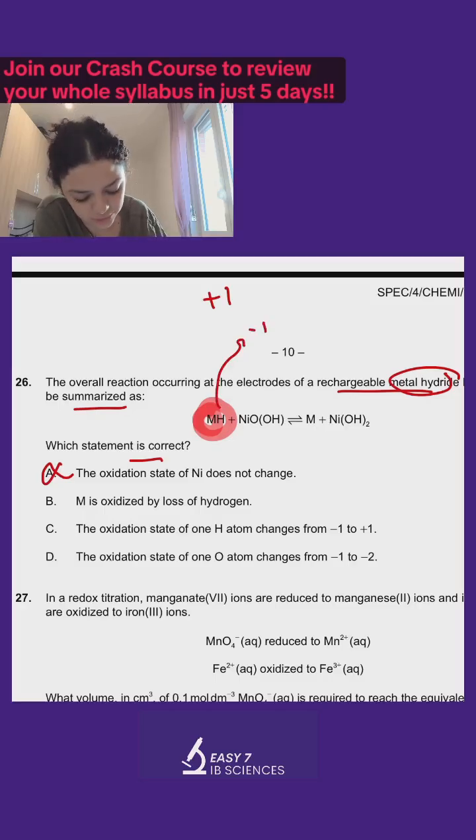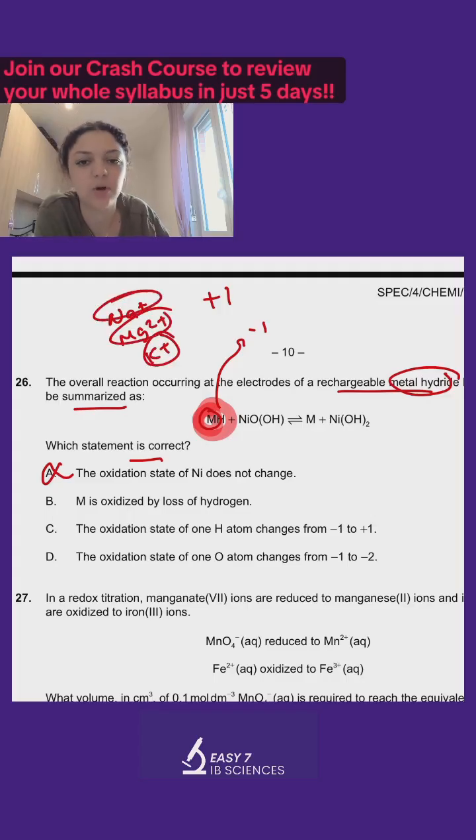Why? Because metals like Na+, Mg2+, K+ always like being positive, and because metals are stronger, you can think of them as more bossy. They like staying what they are. Because they're positive, it forces our hydrogens to be negative. And this is just an irregularity you have to remember.